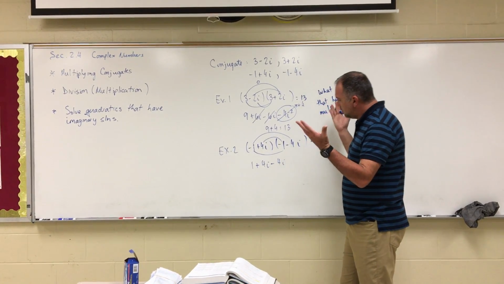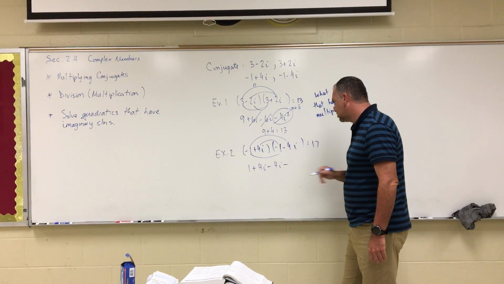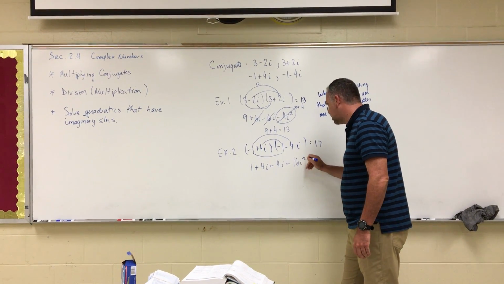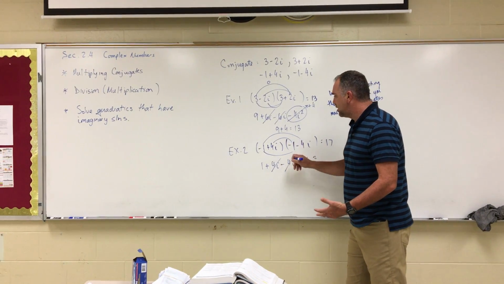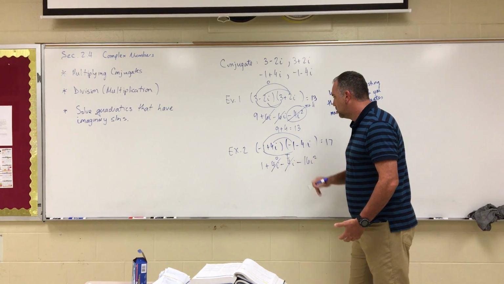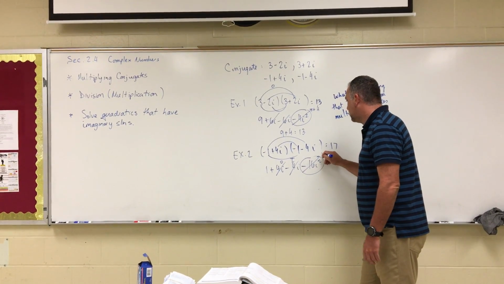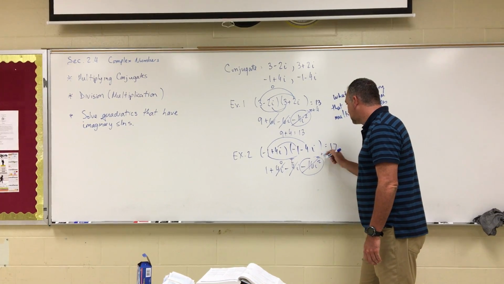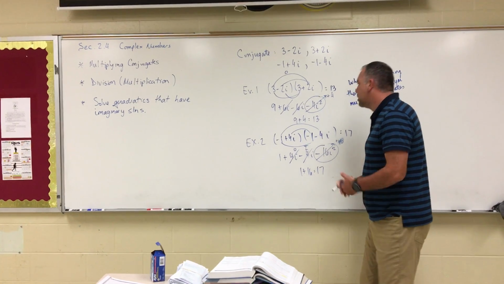So again, those two are going to cancel, and then last we get minus 16i squared, which is plus 16. So 1 and 16 is how you got 17. Anytime that you have conjugates, you really can skip the outer and inner, because they're going to cancel. So we're just going to make a shortcut now.